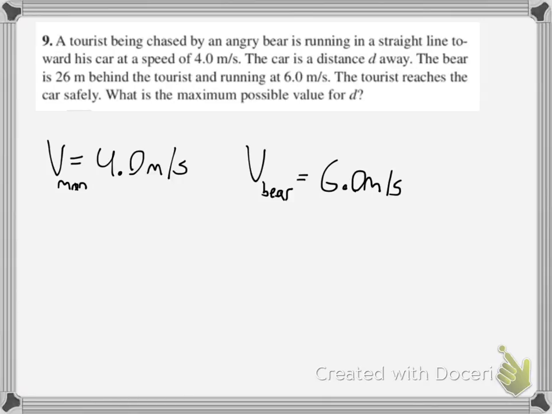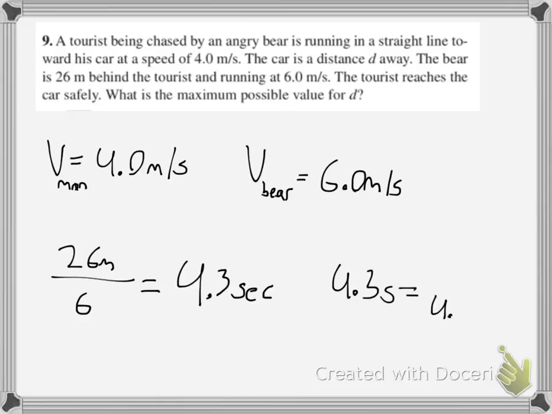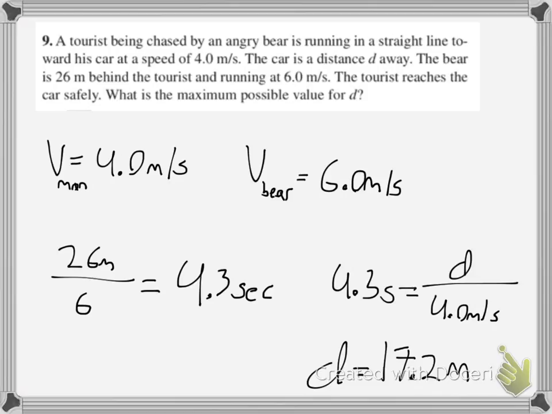Since the bear was 26 meters behind the man and was traveling at a velocity of 6 meters per second, the time it took the bear to reach the man would be about 4.3 seconds. So we can use that time to find the distance by saying that distance equals velocity times time, and we find that our distance would be 17.2 meters.